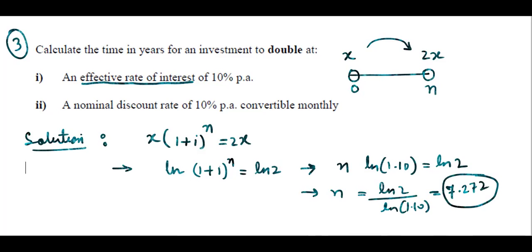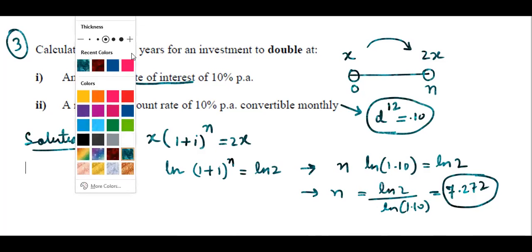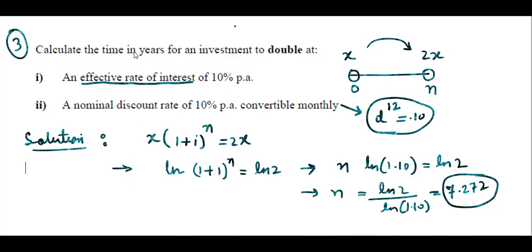Now, instead of this, here nominal discount rate is 10% per annum, convertible monthly. That means D12 is given 0.10. So in this case, instead of putting there, we'll change it to D12. This equation will change it to D12 and we'll put there. Or from D12, you find D, from D you find I, and you put here.